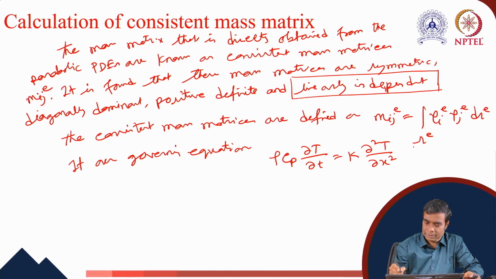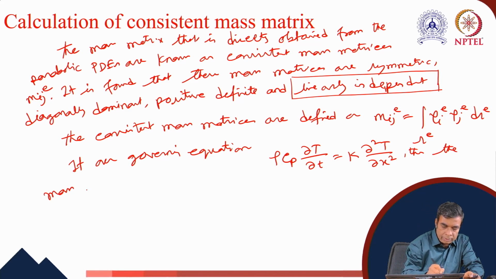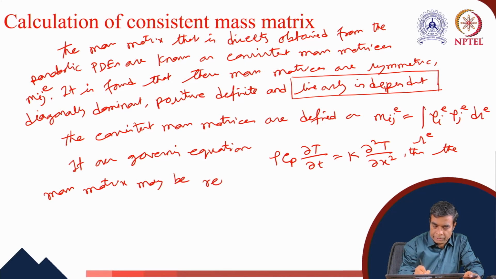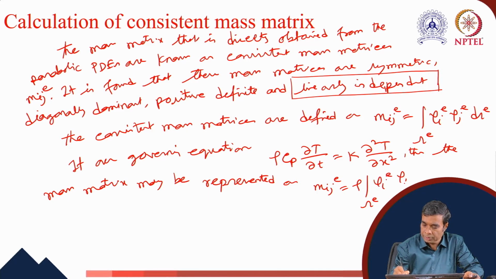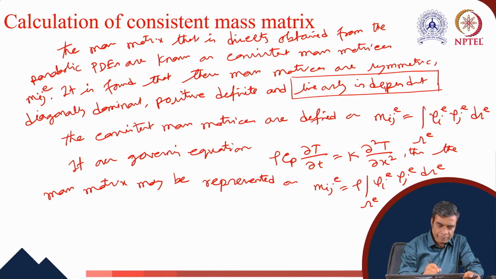So in this case, the mass matrix may be represented as MIJE equals rho into integration over omega e psi IE psi JE d omega e, where rho is the material density and Cp is the specific heat and capital K is the thermal conductivity.